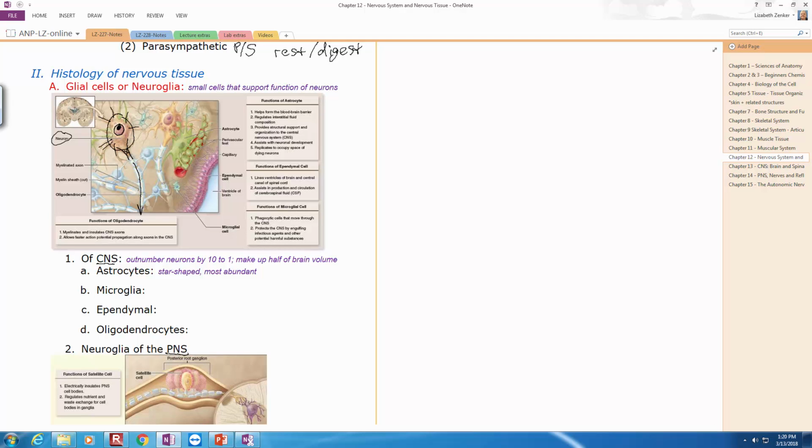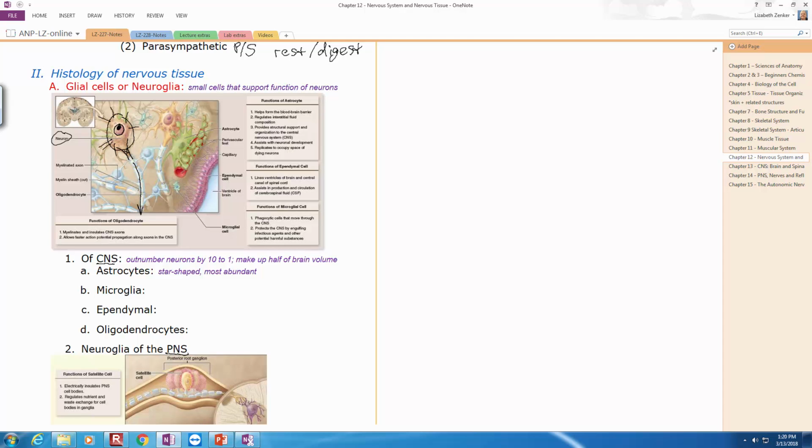The reason is the neuron is huge, and the support cells are all very tiny, so you can have tons more of these. There are 10 times more support cells to the one neuron.